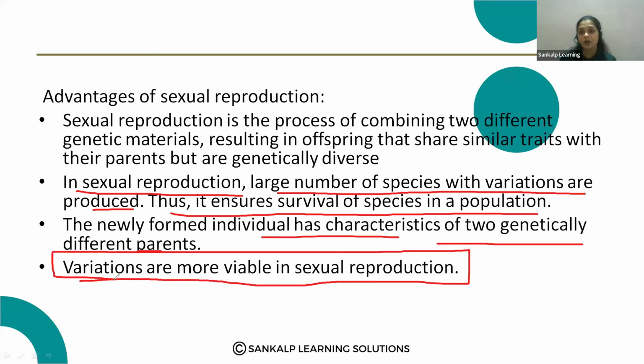When the variation occurs, it will be helpful for surviving in the environment. That variation leads to speciation. So that will help for the survival in the environment. Like this, sexual reproduction has more advantages than asexual reproduction.